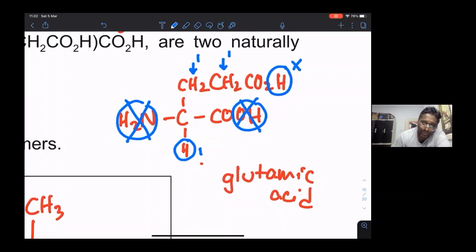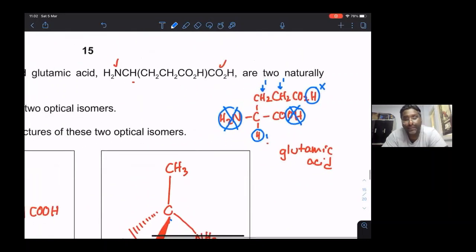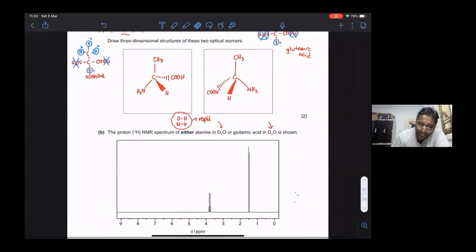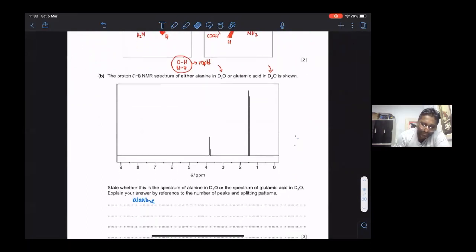So in total, you are going to have 3 environments. Do remember this one is going to be C double bond OOH, so not detected. I hope you can understand why. So once you get that, there are 3 environments. So if you have glutamic acid, then you must have 3 peaks. If you have alanine, 2 peaks. So I know for sure this is going to be alanine because there are 2 main peaks over here.